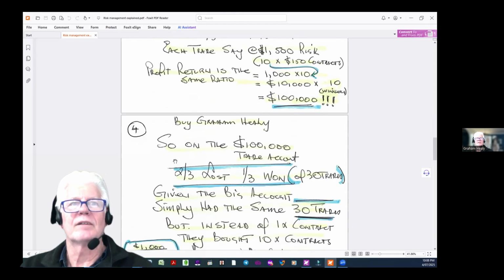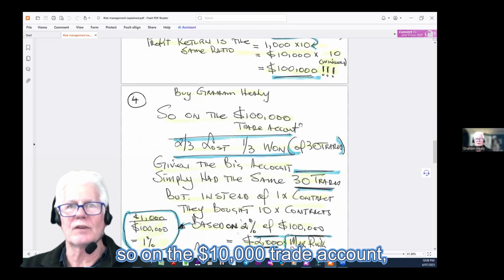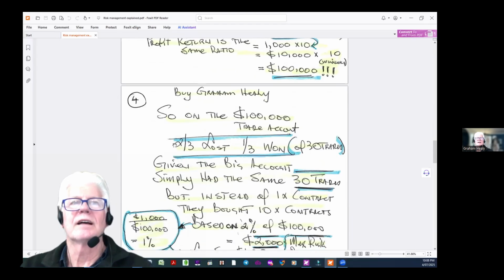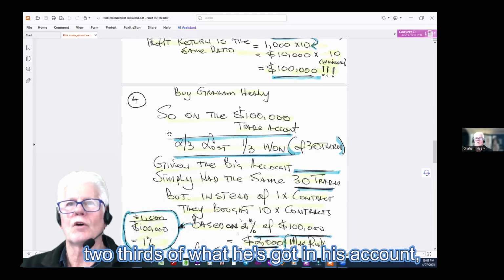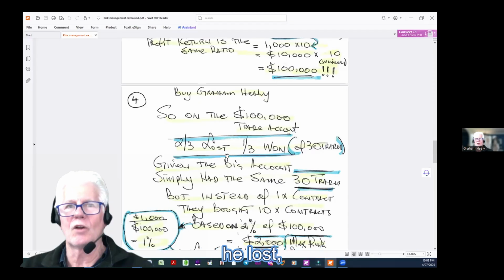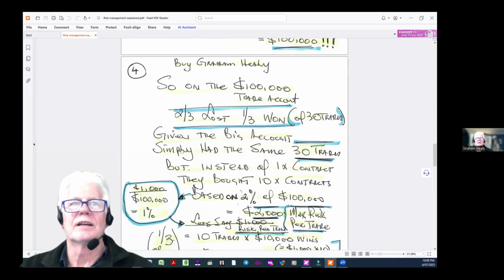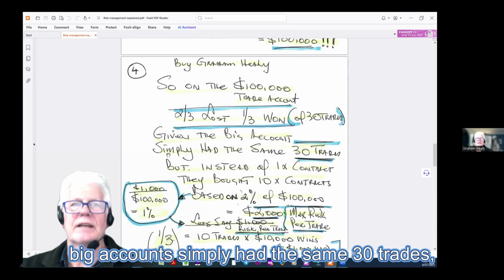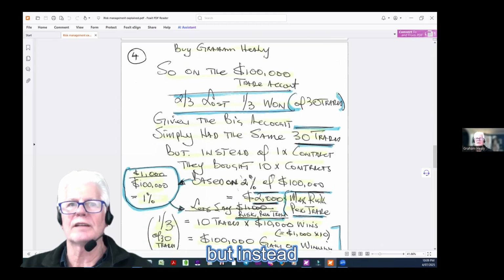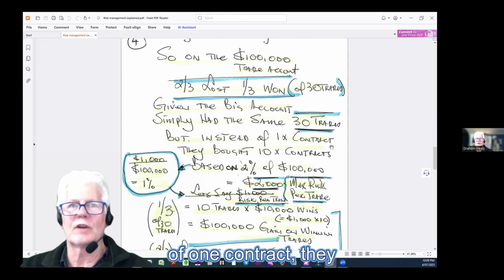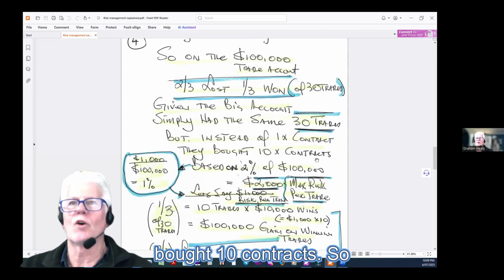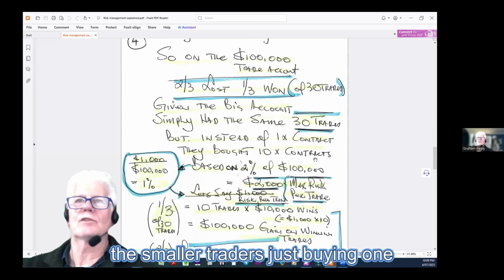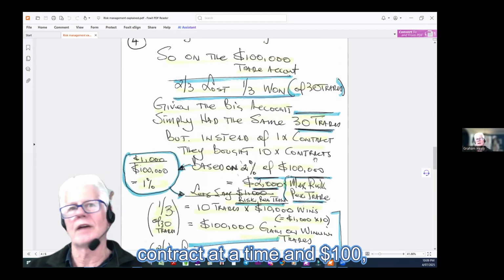So now, on the $10,000 trade account, he lost 2/3 and won 1/3 of 30 trades. Given the big account simply had the same 30 trades, but instead of one contract, they bought 10 contracts. So the smaller trader's just buying one contract at a time at $100.